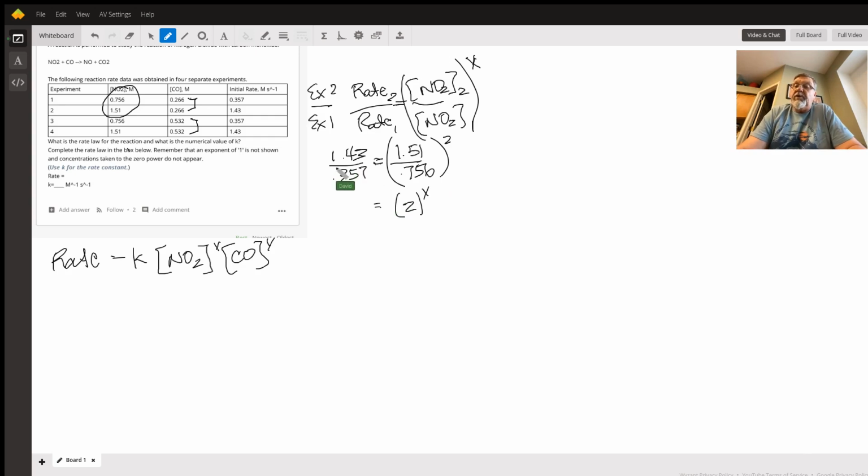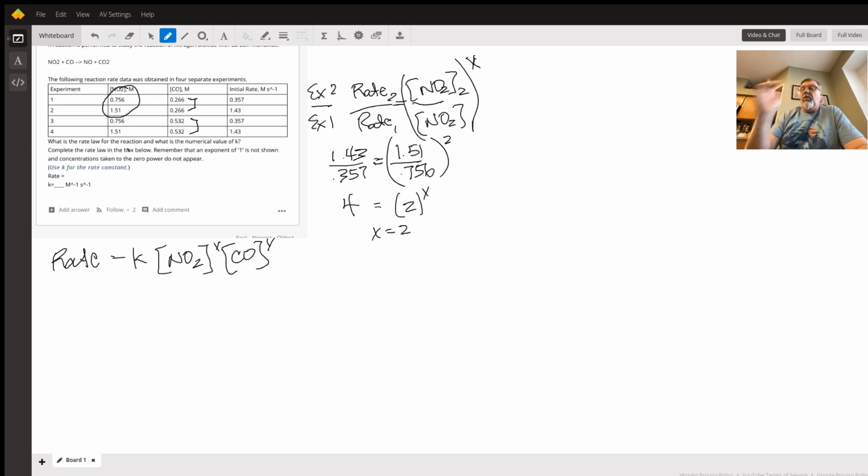And over here, if I solve this fraction, 1.43 over 0.357, I can see that that is a 4. You can run those through your calculator if you want. And then to solve this, 2 to the x is equal to 4, and I think we got that x is equal to 2.